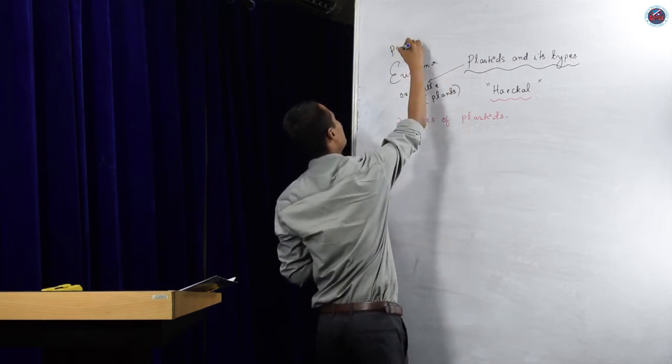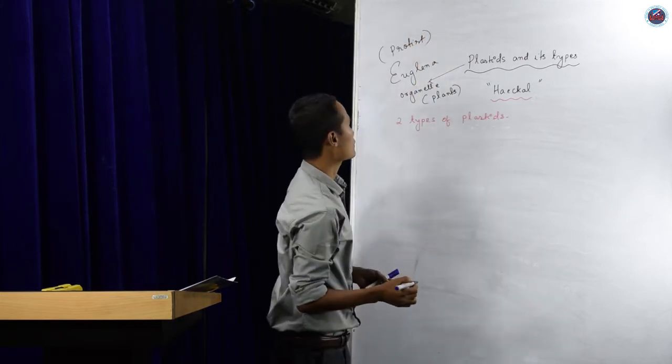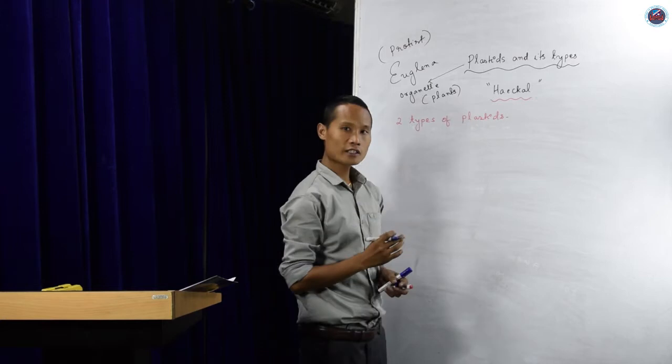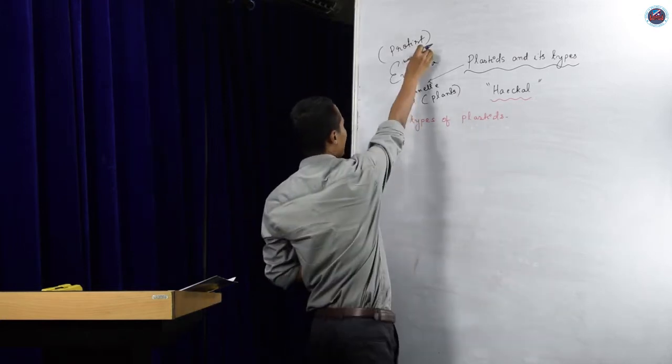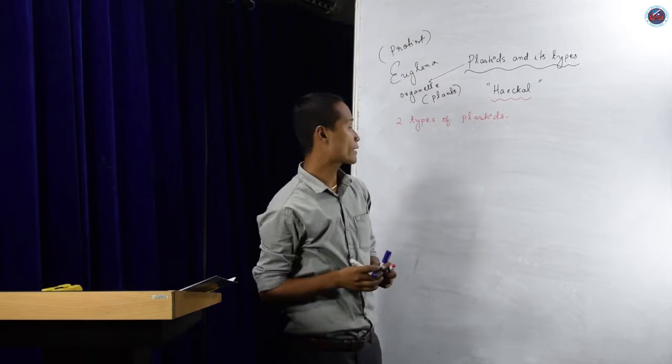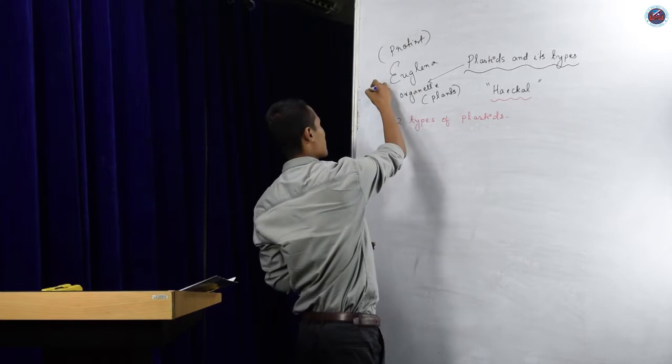So it's an organelle found in all plant cells and in some unicellular organisms like protists, for example Euglena.